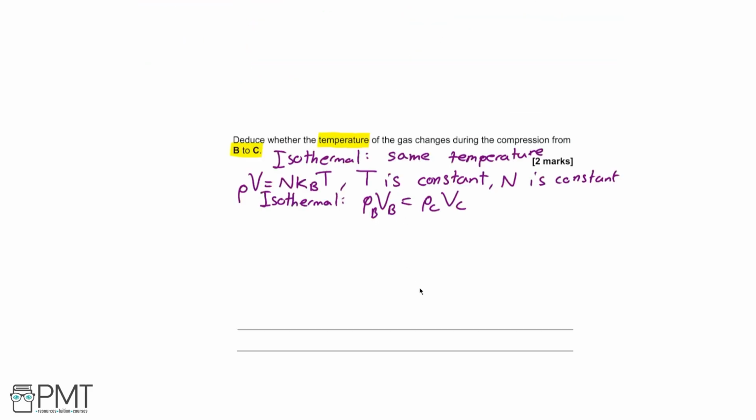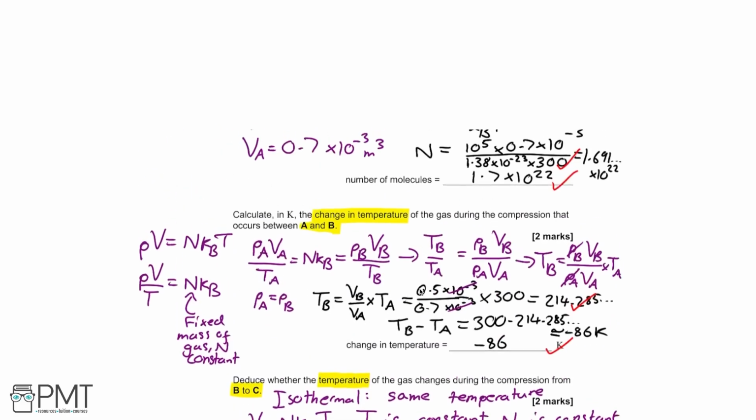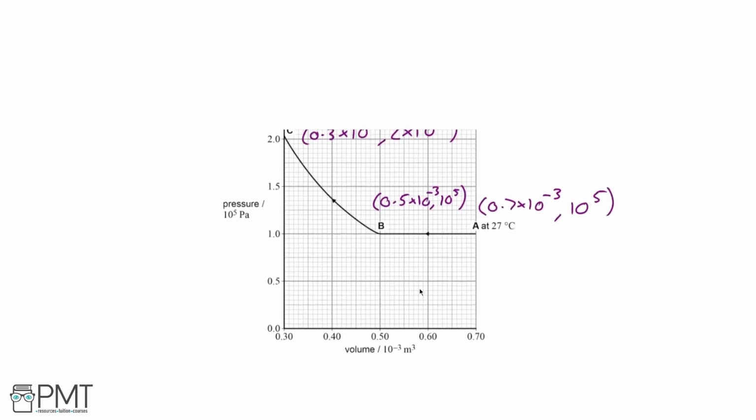Doing this then, we can read off data from the graph, like so, specifically that the volume at B is 0.5 times 10 to the minus 3, the volume at C is 0.3 times 10 to the minus 3, and these are both in meters cubed. The pressure at B is 10 to the 5 pascals.